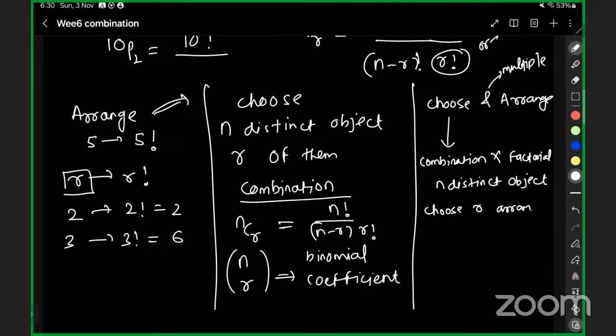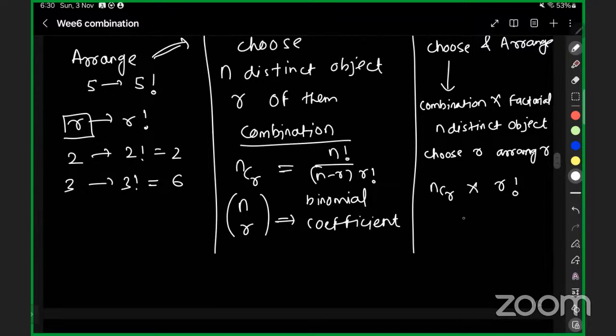Okay, arrange R. So choosing R is nCr. Then arranging R is R factorial ways. So if you do this, what you will get is n factorial over (n minus R) factorial into R factorial, and multiply with R factorial.